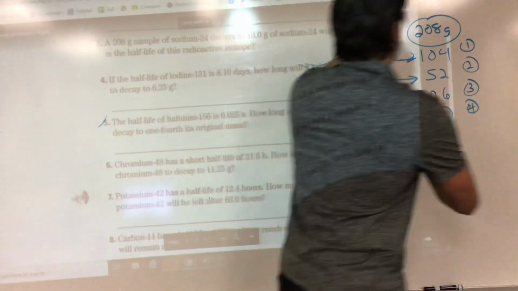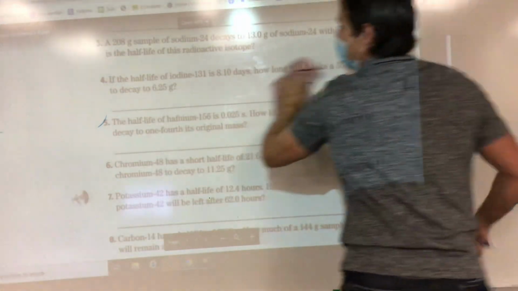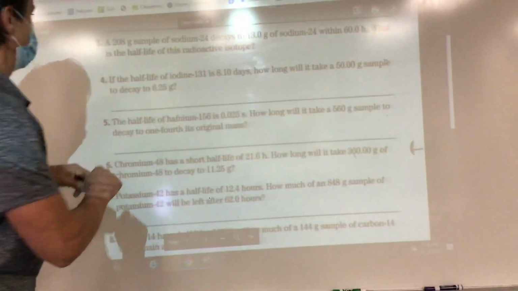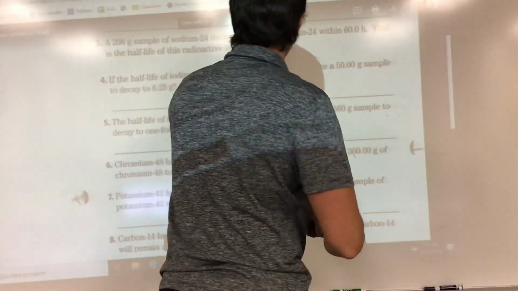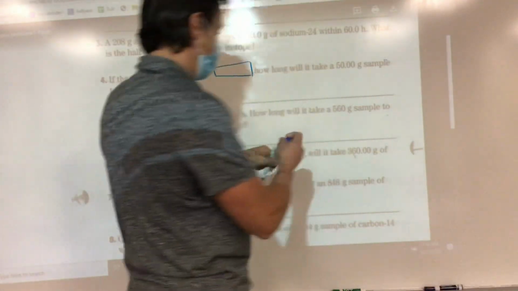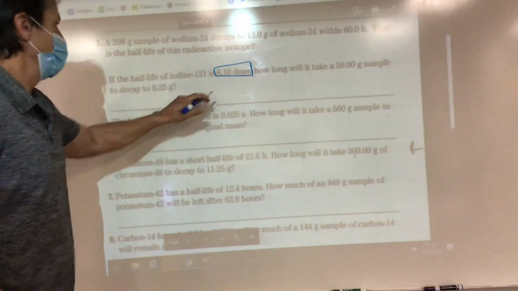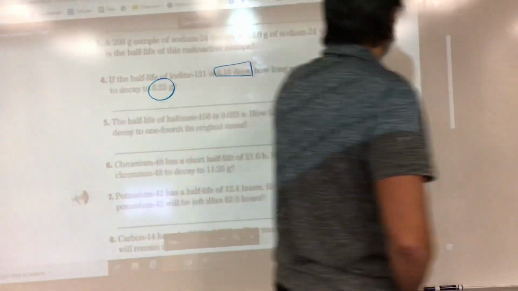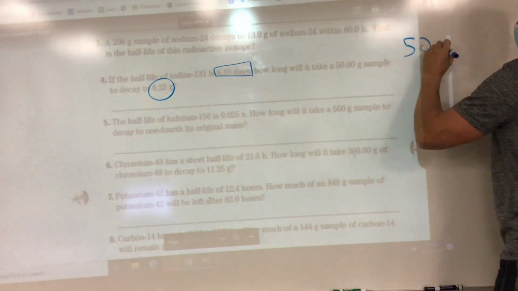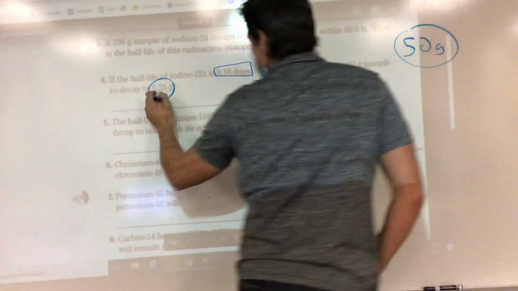All right, number 4. If the half-life of iodine-131, once again same thing, just blasting these problems into your head, how long will it take a 50-gram sample to decay to 6.25 grams? So once again, here we go. I got 50 grams. I need to get it all the way down to 6.25.